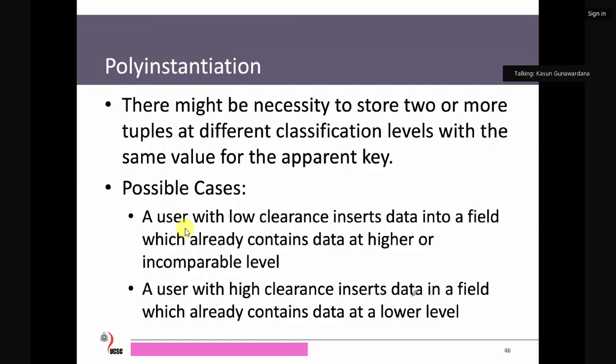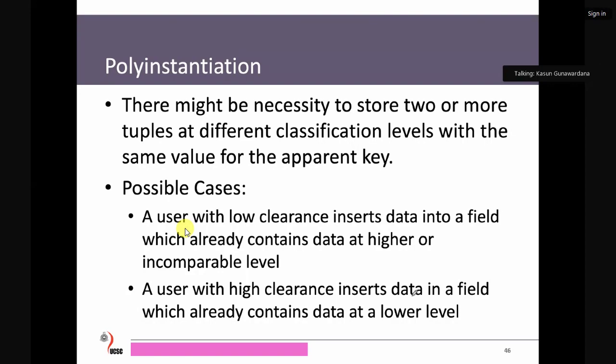Then we look at polyinstantiation, which is a different concept. So what is polyinstantiation in multi-level relations?